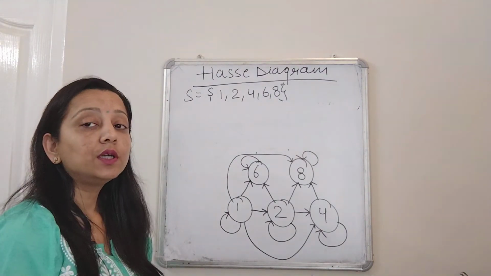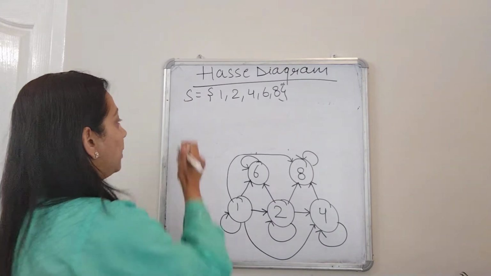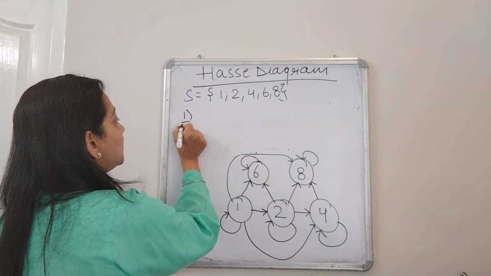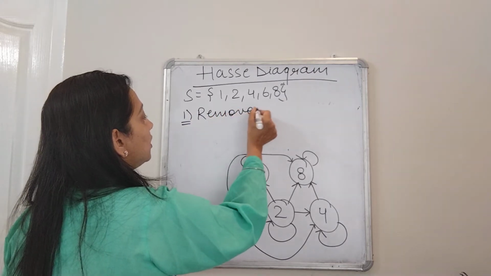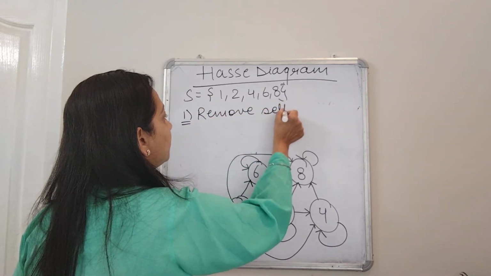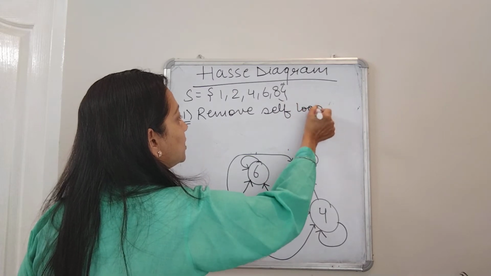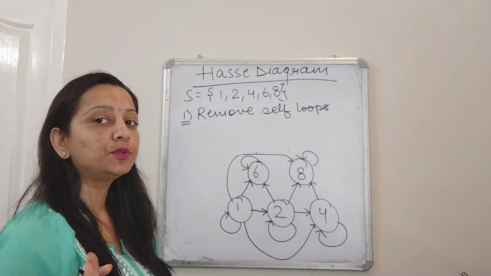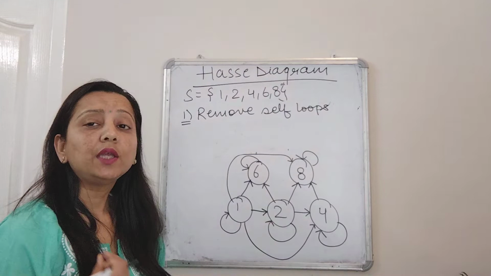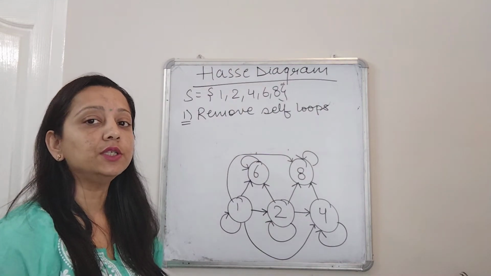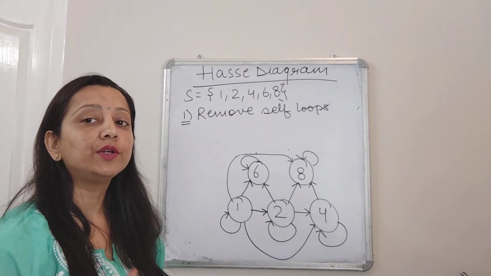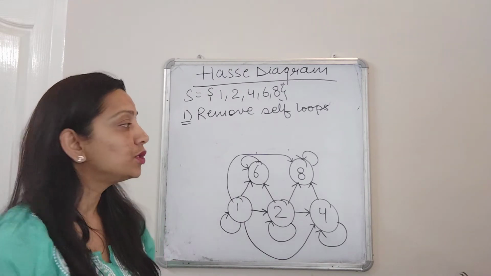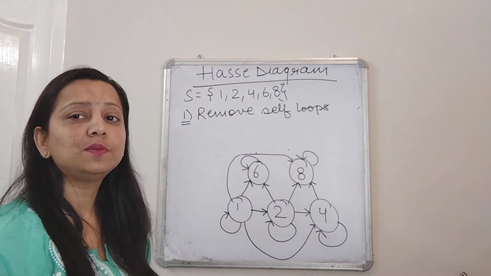Now to convert it into a Hasse diagram, the first step is to remove the self loops. Remove all the self loops in the directed graph, because I know that this is a partially ordered relation and it is quite obvious that a partially ordered relation will have self loops. So I do not need to show them specifically.